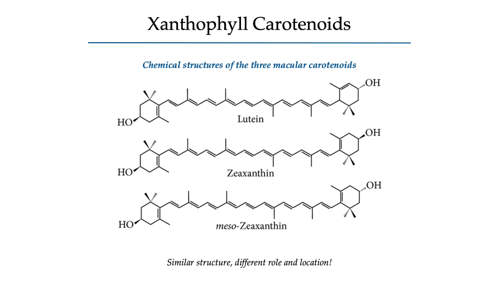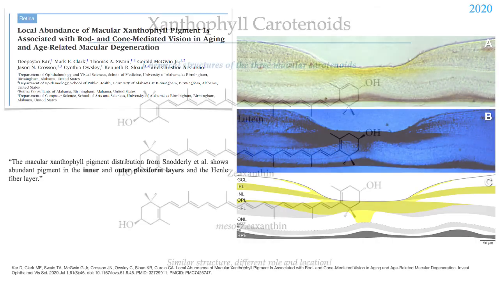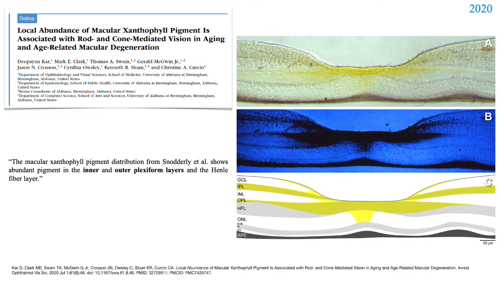So the three carotenoids are lutein, zeaxanthin, and meso-zeaxanthin. And this image, well, interesting, represents the distribution of the xanthophyll pigment. This is the image from Snodderly.